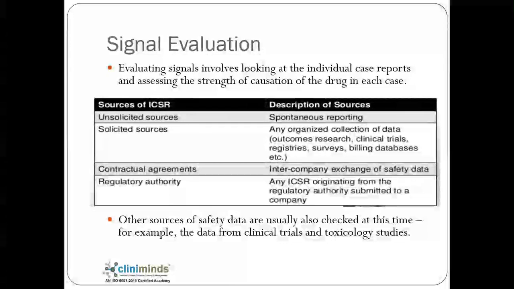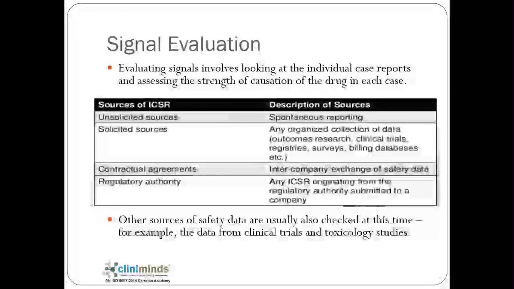Coming to the strategy of signal evaluation. Mostly, signal evaluation comprises looking into the ICSRs for that particular event and drug, and looking at the literature, other than the statistical tools. Qualitatively, these are the ways of evaluating it. Evaluating signals involves looking at the ICSRs and assessing the strength of causation of the drug in each case.